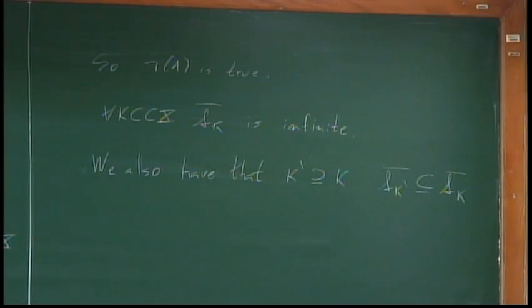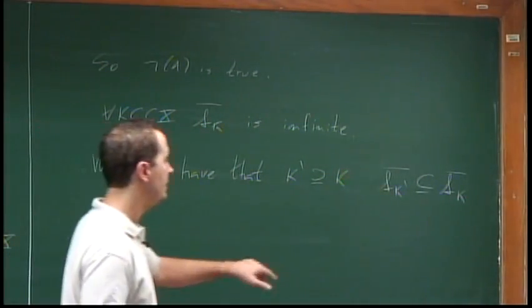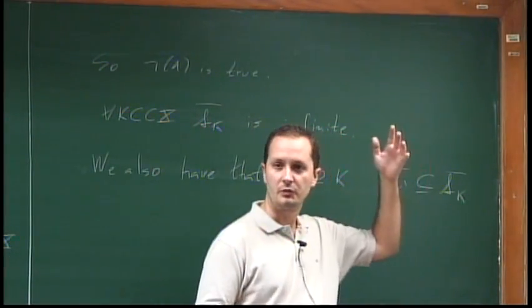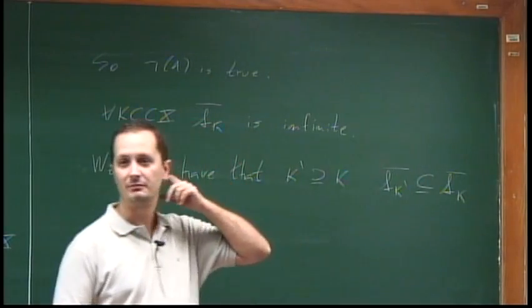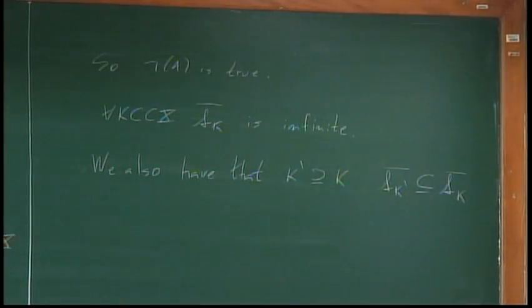Because what I want to use is something that says that if you have a collection of compact sets and they have the finite intersection property, then they have non-empty intersection. But unless I define the topology first, that's not going to be very clear. So let me see, what can I do here?